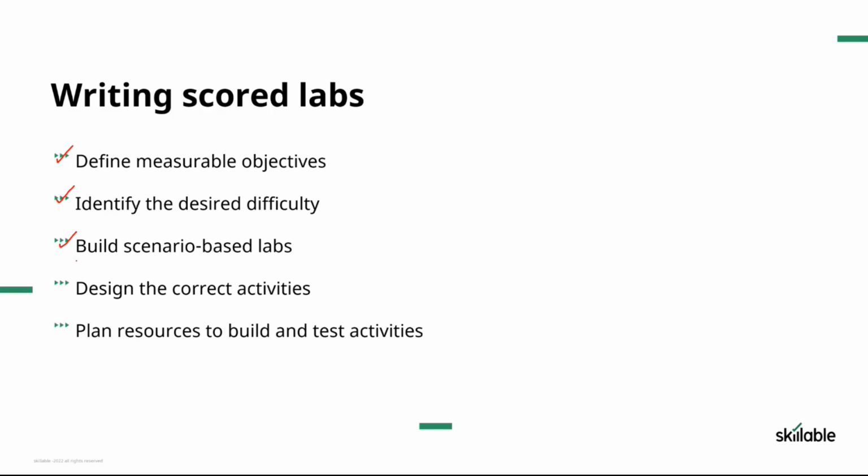If a user just goes in and says, exercise 1, build this, exercise 2, build that, it's a little hard to follow the path. But on the other hand, you could say, here's a scenario. You are an Azure administrator and you need to provision storage for a department, and they have certain needs and requirements, and you're going to fulfill these requirements through the lab. That sets it up to drive towards those measured objectives.